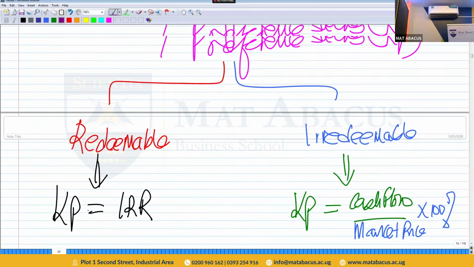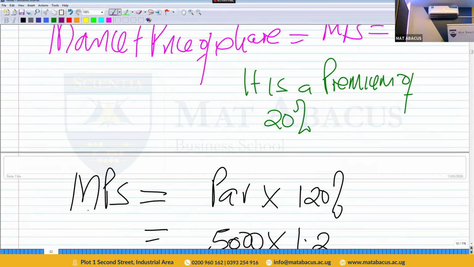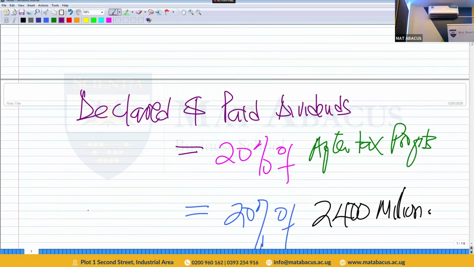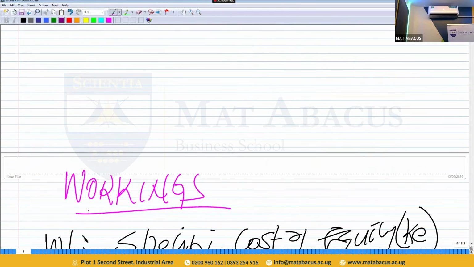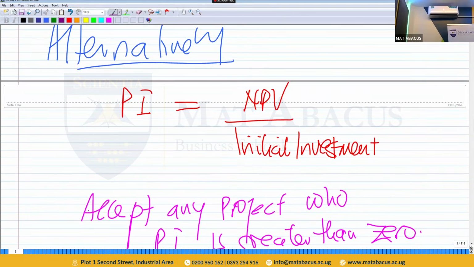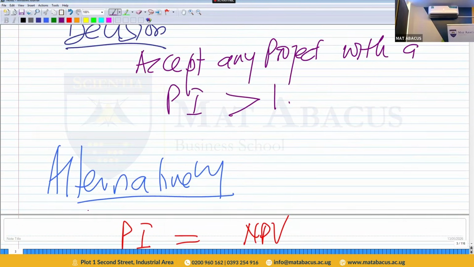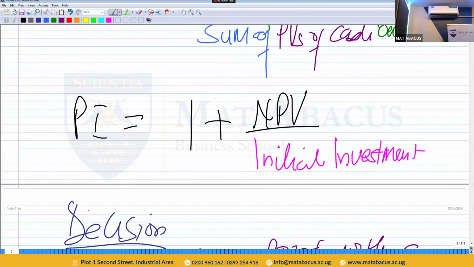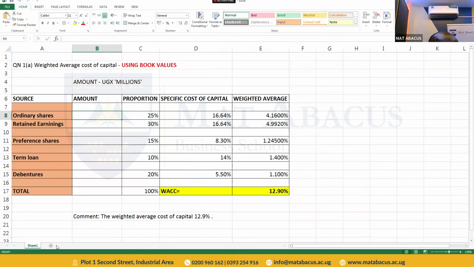For the profitability index, you will need to identify relevant cash flows, and you can use the sum of PVs of cash inflows divided by the sum of PVs of cash outflows, which is the same as 1 plus NPV. So you will need to compute the NPV.